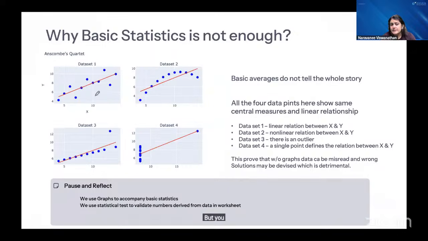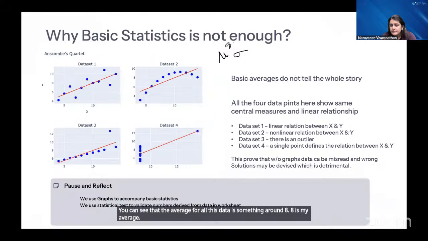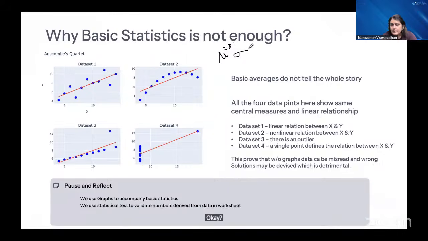But you will find that all these 4 data sets have the same mu, that is the mean, and the same standard deviation. The average for all of this data is around 8 and the standard deviation is around 2.